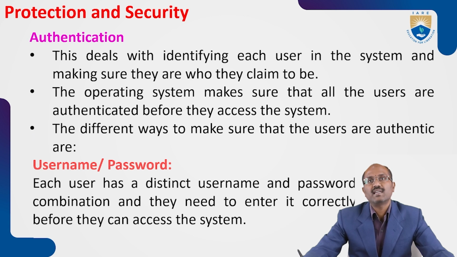Each user has a distinct username and distinct password. With the combination of user ID and password, they need to enter it correctly before they can access the system. That's why different users have different user IDs and passwords to access the system, making sure that all the users are authenticated.